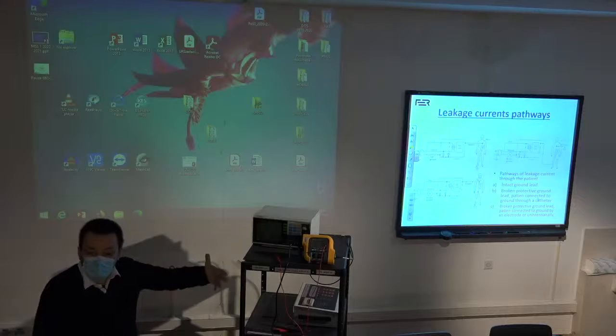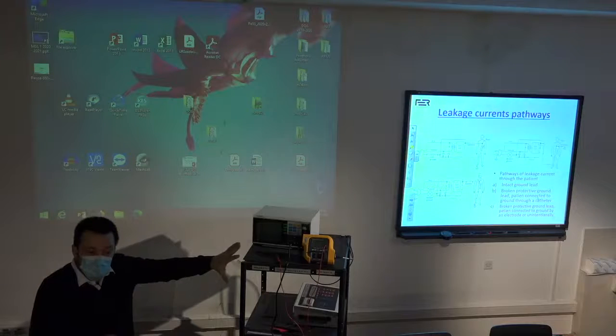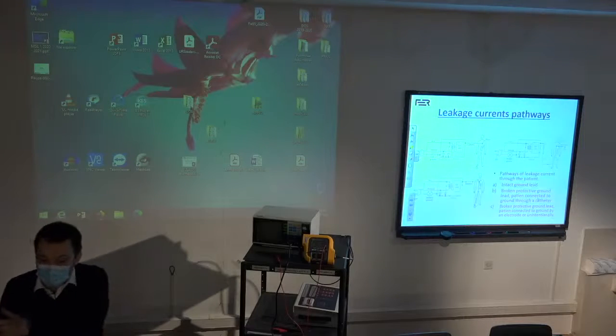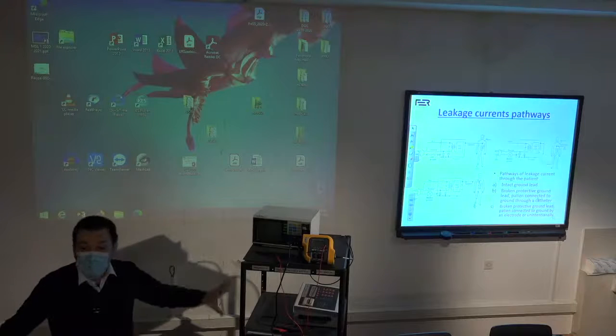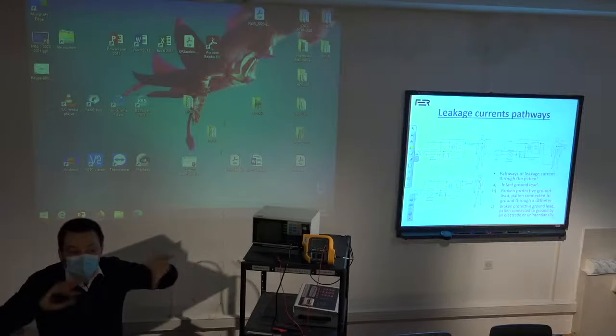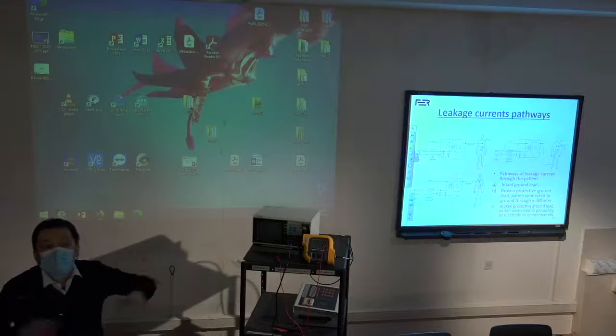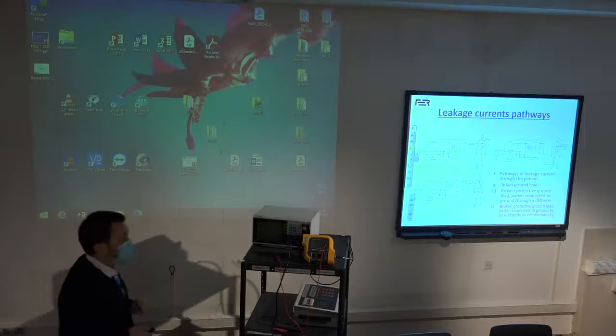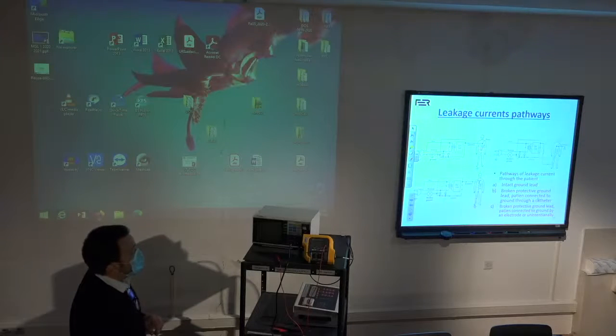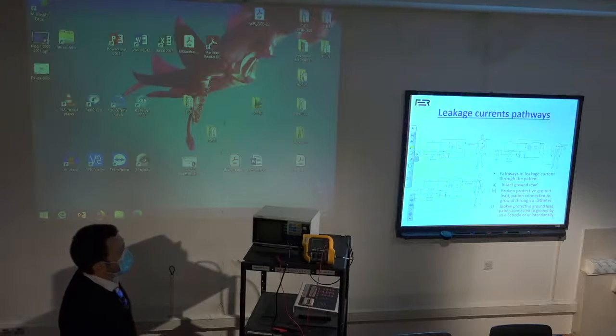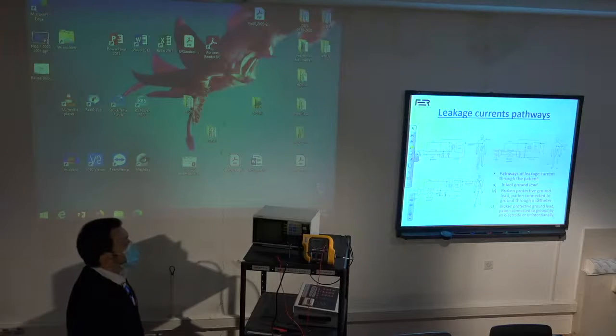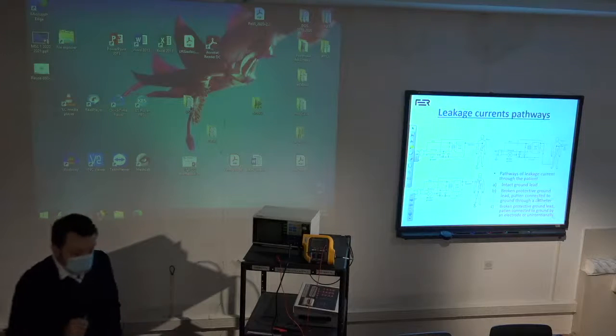So this isolation circuit means that one part of the device and the other part of the device may have different leakage currents, because they actually get their power source from different sources. So here in these three graphs, you can actually see which are the possible situations.